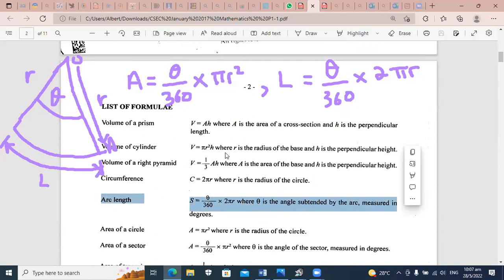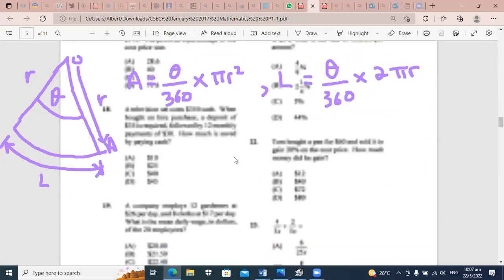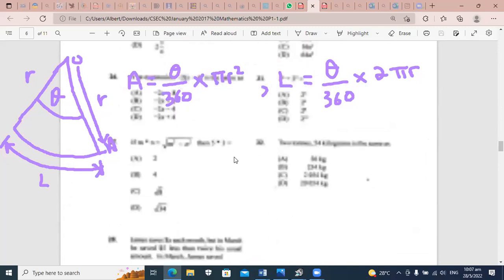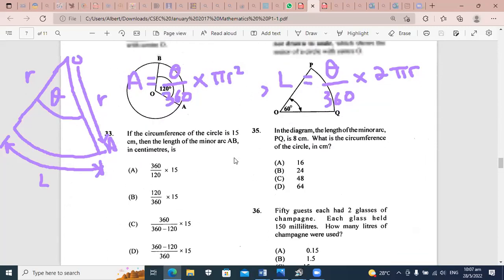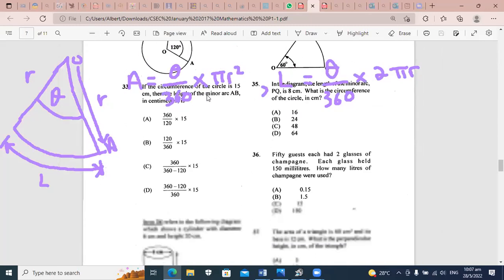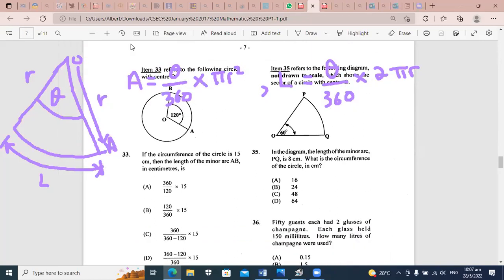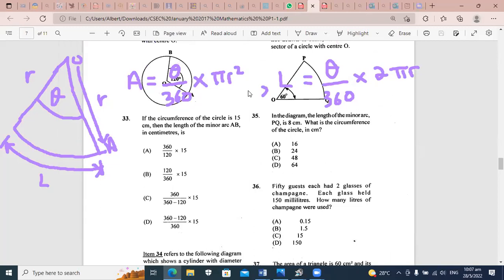Okay, so having told you that, what is the answer for 33? You're going to use this formula on the right.